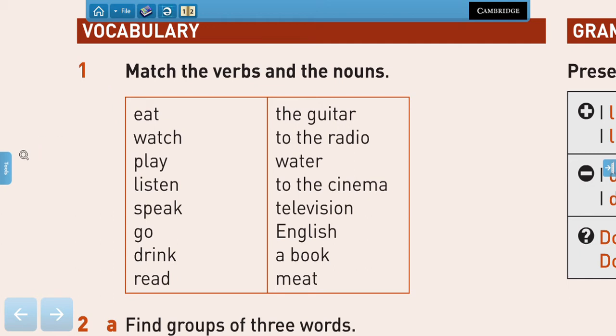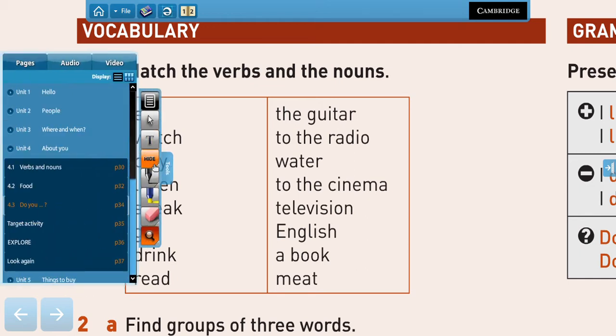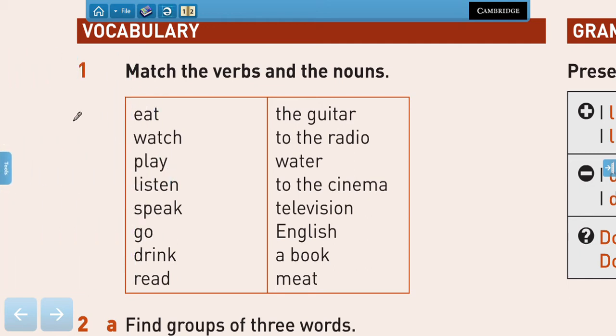Now, match the verbs and the corresponding nouns. All right? Try to look for the words that go together. Pause the video and complete the exercises. Are you ready?